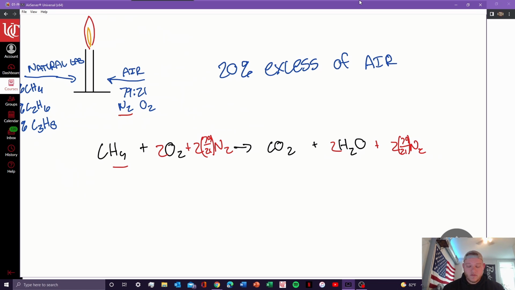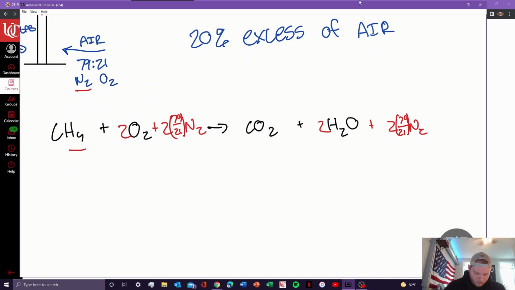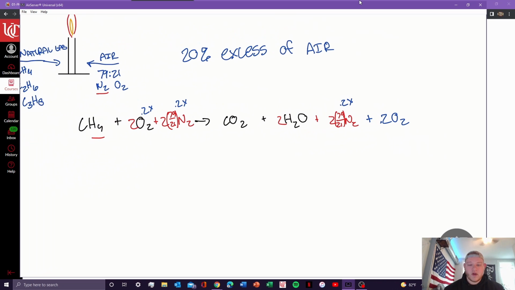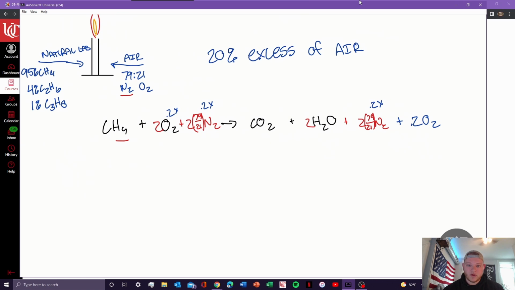So that means going in, we have 0.2 times more oxygen, 0.2 times more nitrogen, and going out we have 0.2 times more nitrogen, which also means we have 0.2 times more oxygen leaving, because not all the oxygen will be combusted.